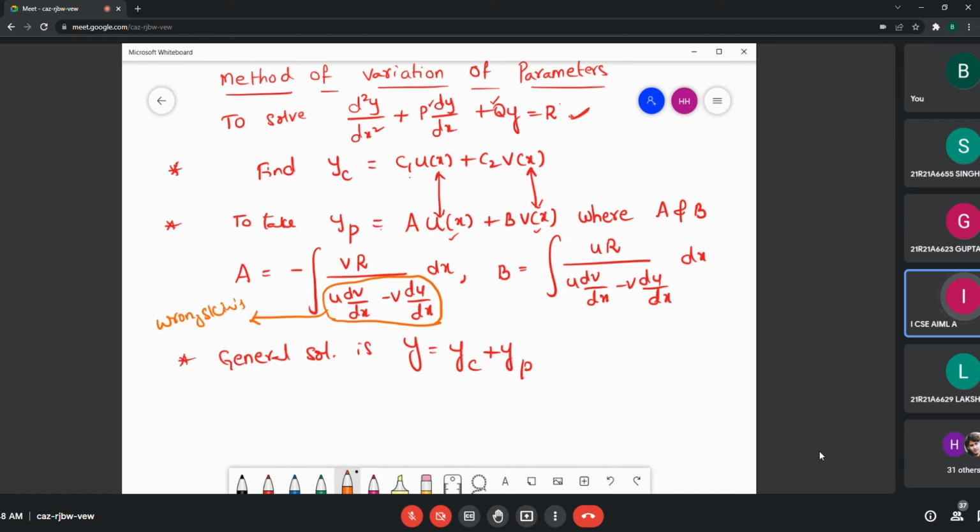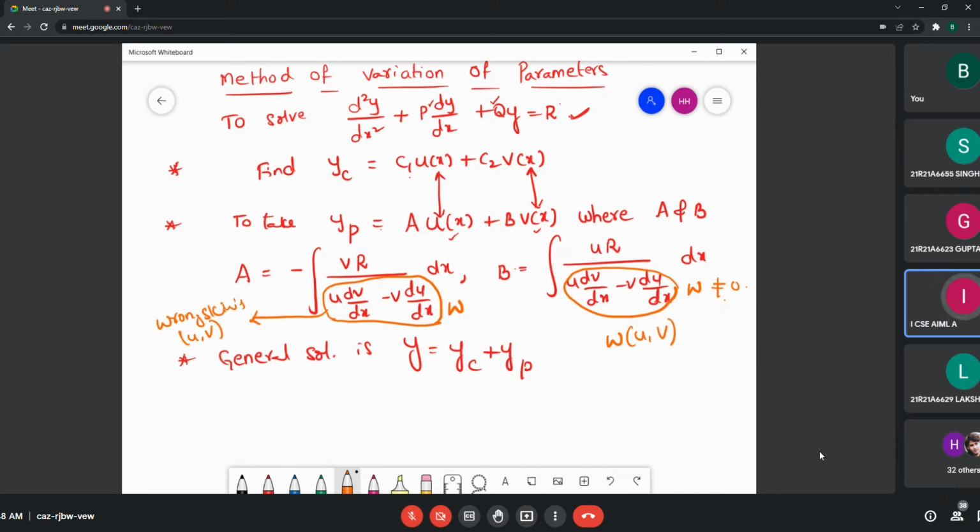Wronskian of u comma v, or simply we can write it as W. This denominator we simply take as the Wronskian. Only if this determinant value is not equal to zero does this integration exist. So the Wronskian is not equal to zero; only then do the A and B values exist.